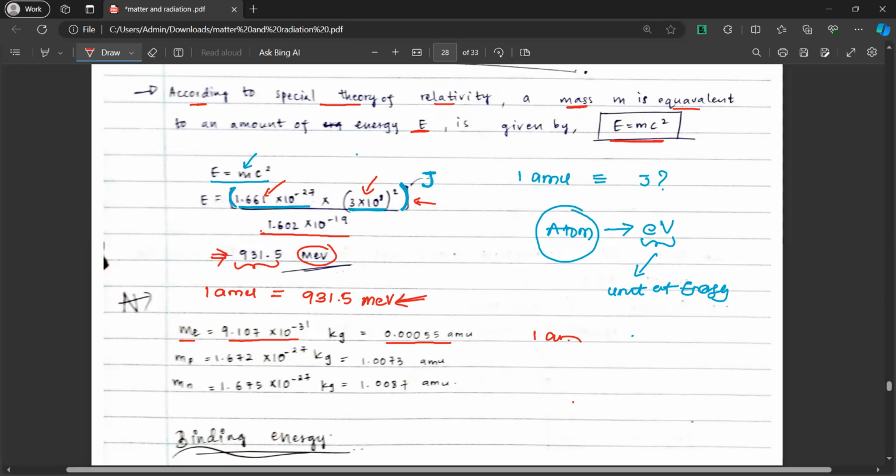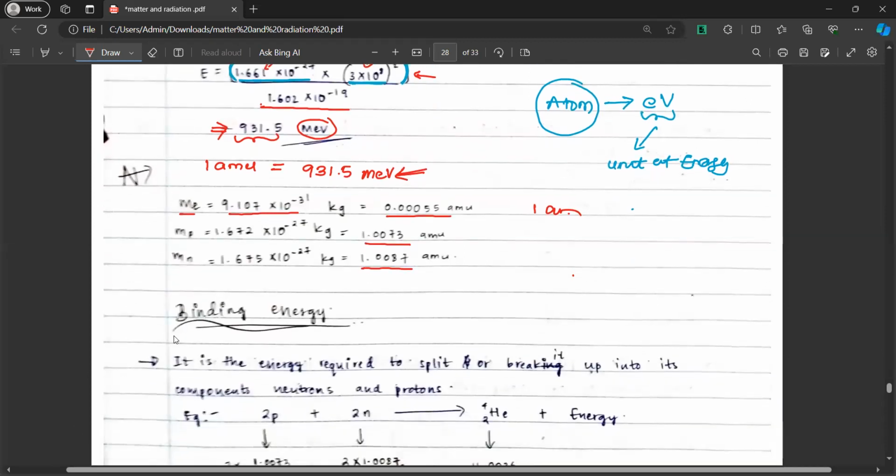And if we do the same for mass of proton, we get this amount. And if we do the same for the neutron, we get this amount of AMU. So you don't need to remember the actual value to calculate. If they ask you to calculate, they will give all the information necessary.